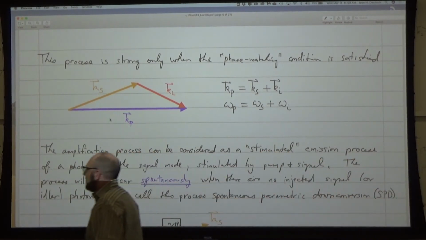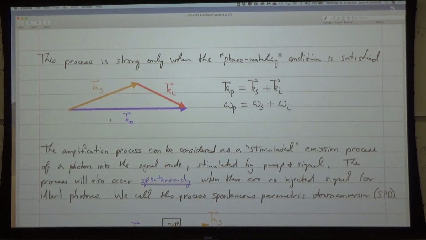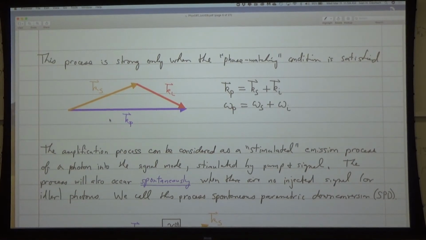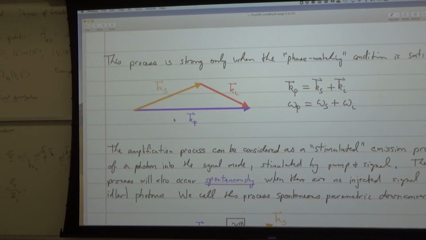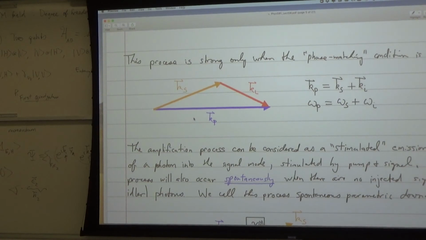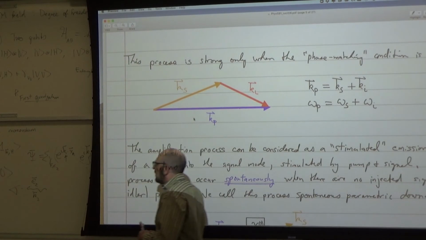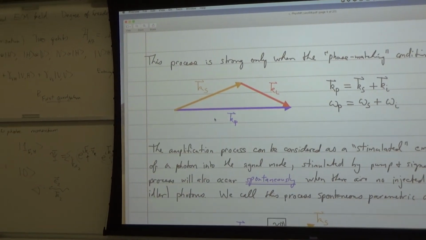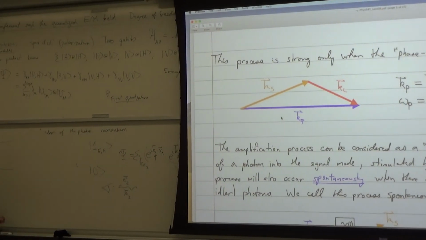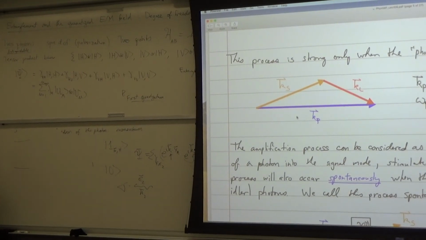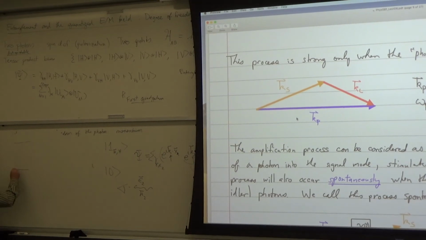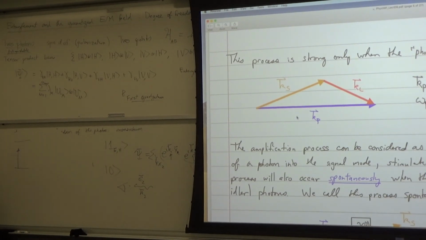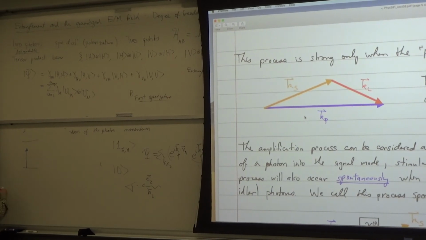So let me just draw a little energy level diagram, where I have this pump photon, and then I have two photons.